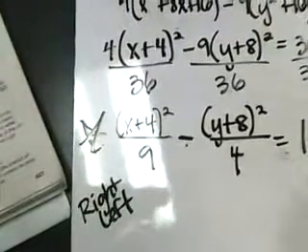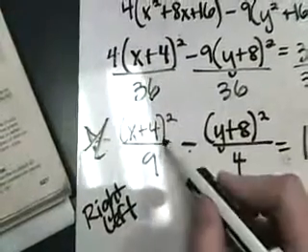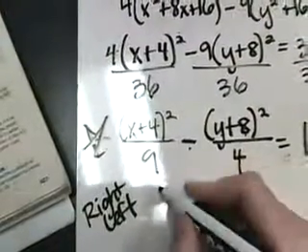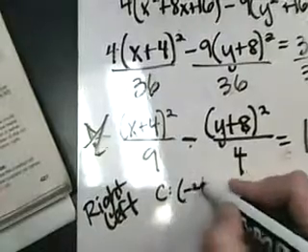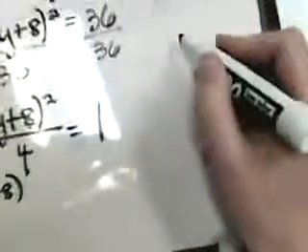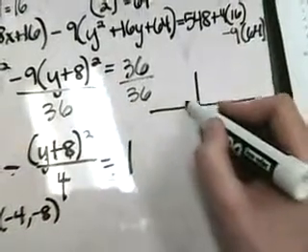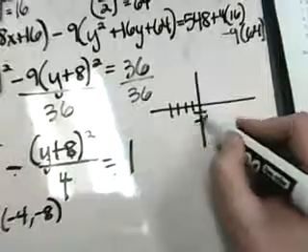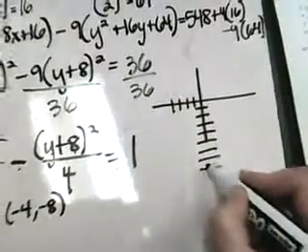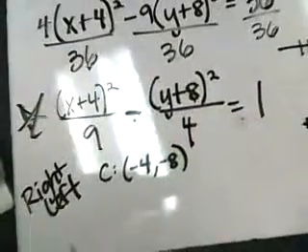It says determine the direction of the graph. We already did that. Plot the center. Remember, center is (h, k). So in my case, this would be (-4, -8). And I'm going to have to do it over here. Center is not actually on my graph, remember.